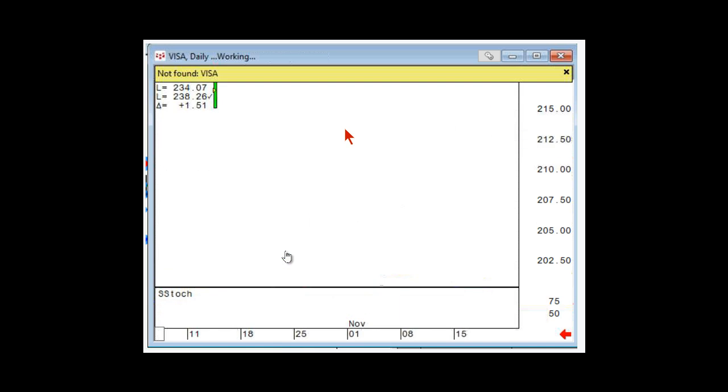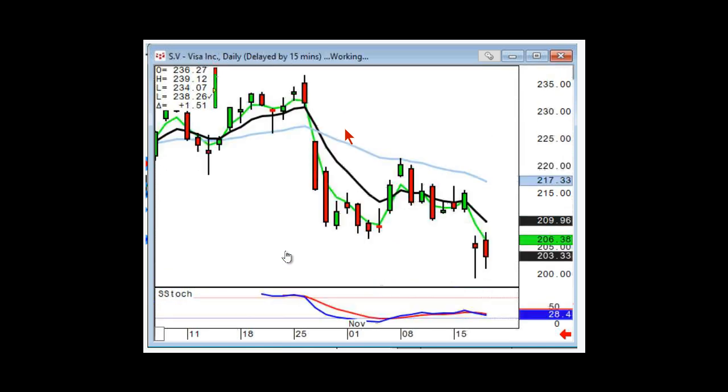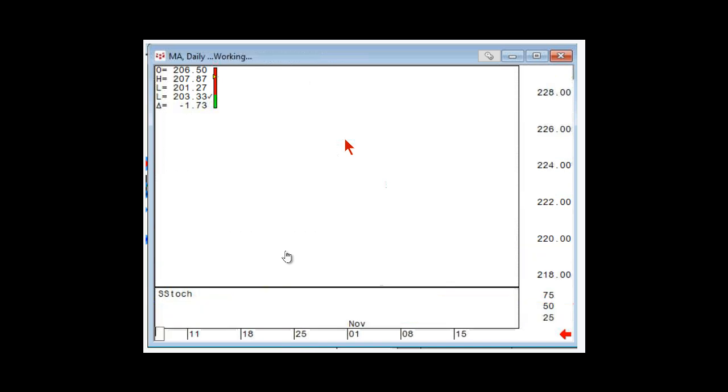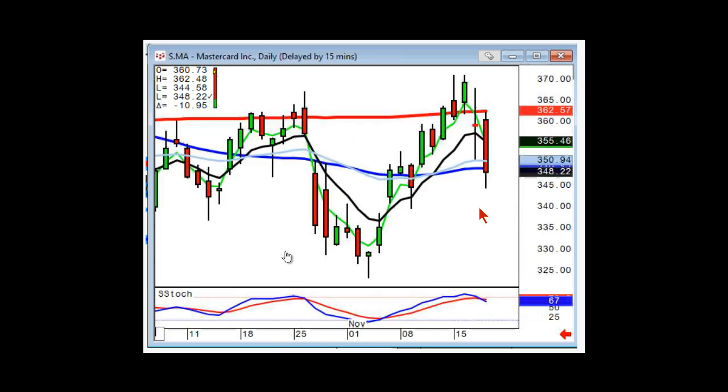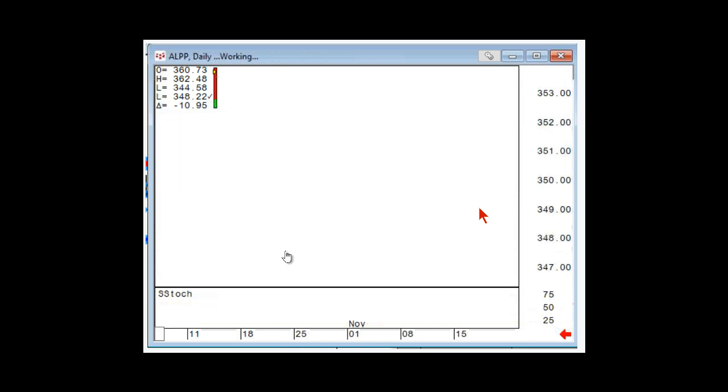Is that the Visa symbol? No. Visa, stay short. MasterCard, you can short this one.